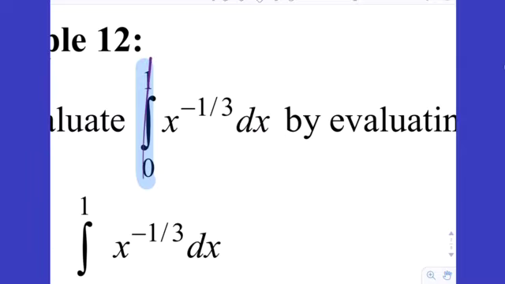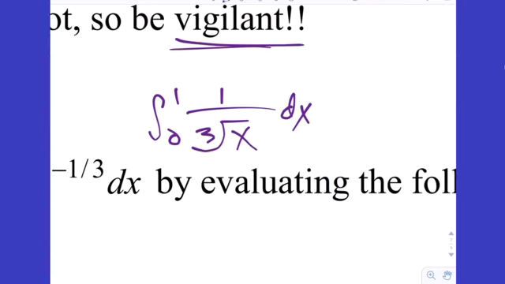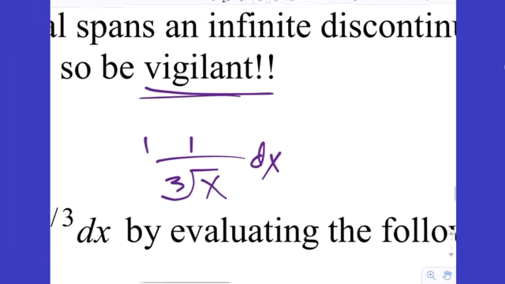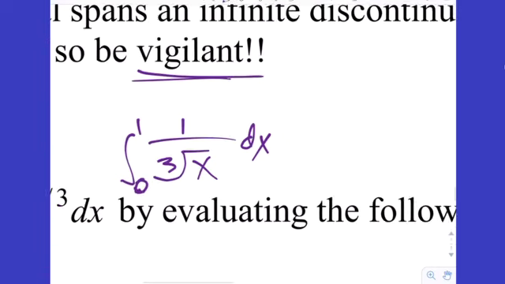For instance, if I ask you to find the integral from 0 to 1 of 1 over the cube root of x, dx, you may walk up to it and be like, oh, from 0 to 1, how cute, right? Does that look like an improper integral from what we've seen so far? No, because they've been easy to spot up to now because we've seen infinity or negative infinity on one of the intervals. But this one is still improper. Why?